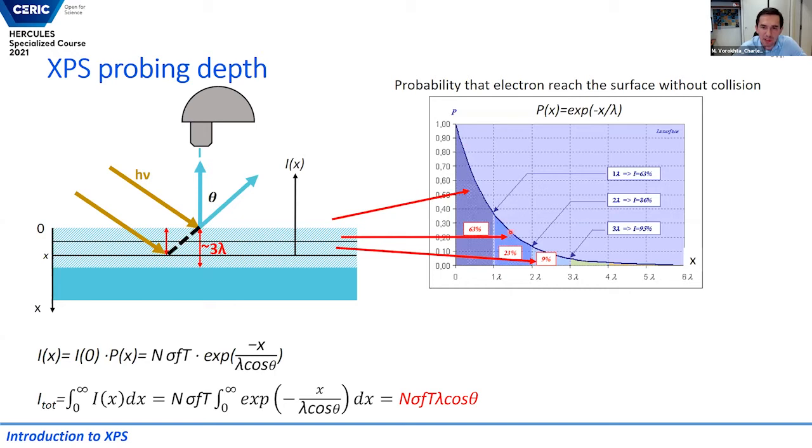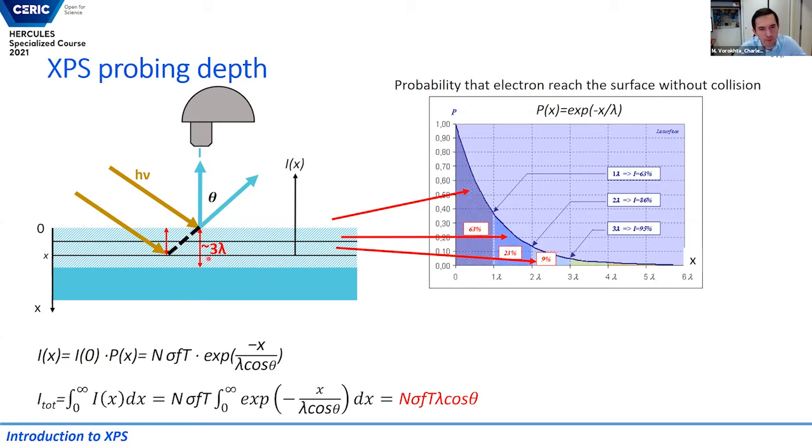Here is the probability for a photoelectron to reach the surface. If you ionize an atom somewhere here, then the photoelectron should pass all this layer above the atom if it wants to reach the surface.